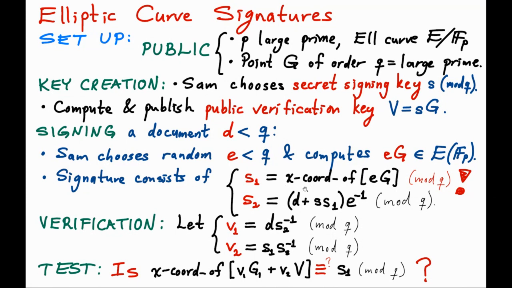So this is a number modulo P, correct? And you're forcing an element modulo P into an element modulo Q in a relatively arbitrary way, right? If I ask you, let's just say, the number 7 modulo 11 is how much modulo 3?